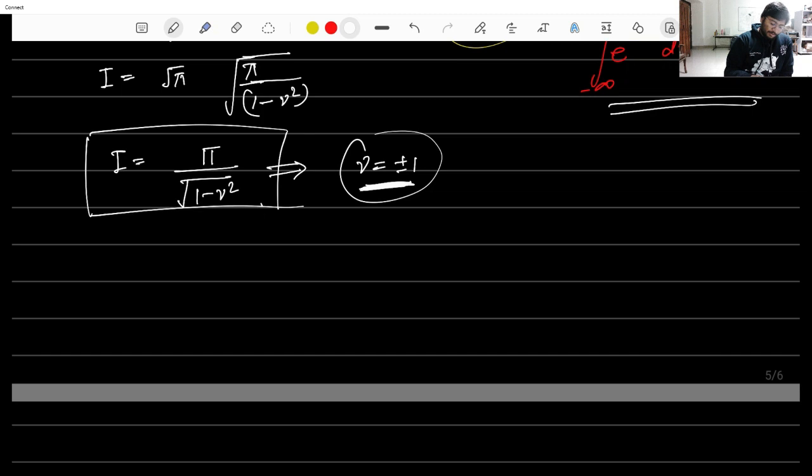So this integral is finite when nu is within minus 1 to plus 1.